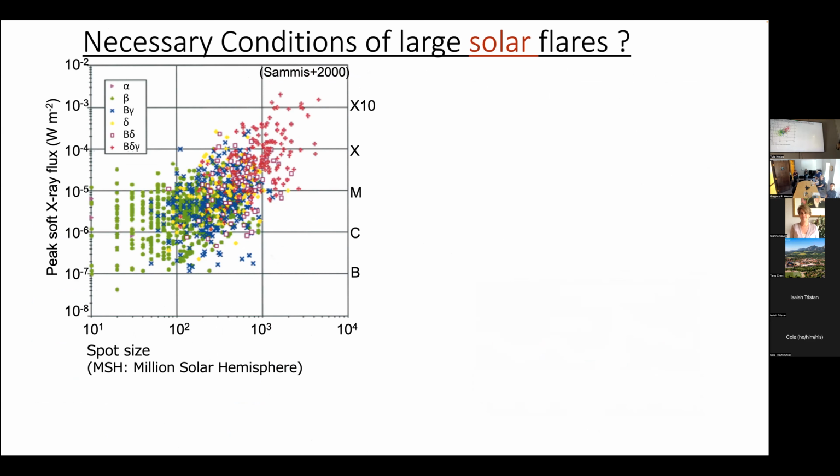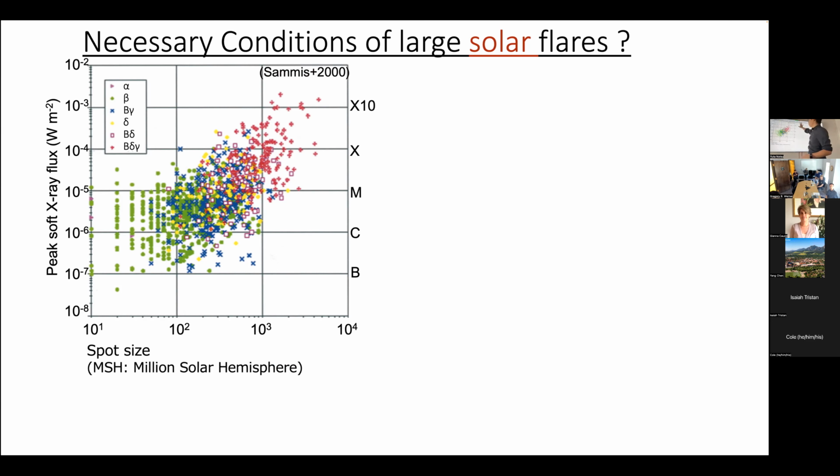In the case of solar flares, there are some studies. This is a plot of many solar flares, not superflares of stars, but solar flares on our sun. The vertical axis is the peak soft X-ray flux, the size of the flare, and the horizontal axis is the sunspot size.